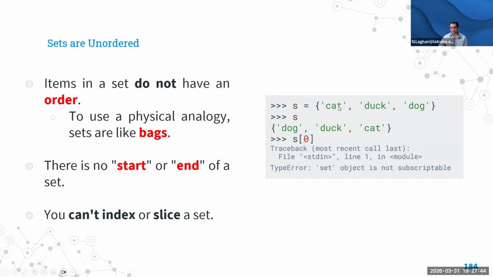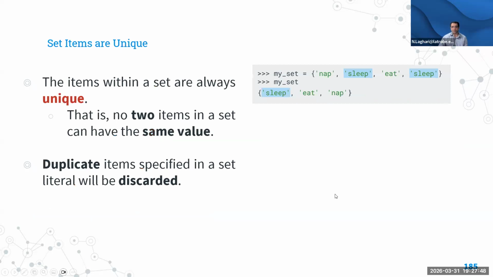If you try accessing the first element, it will just give you an error. So here you have my set equal to nap, sleep, eat, sleep. Though it won't give you any error, when you print it again, you would see that your set would have the unique values. Sleep would be combined, or the extra sleep would be removed.